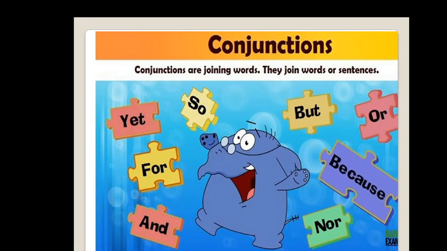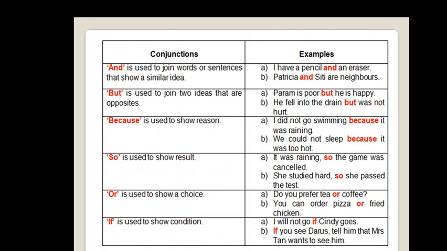Now children, we are going to learn the usage of these conjunctions. Here you can observe a table of conjunctions and the usage along with examples. Let's have a look at it.